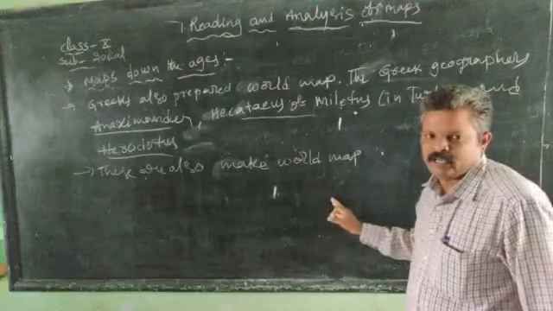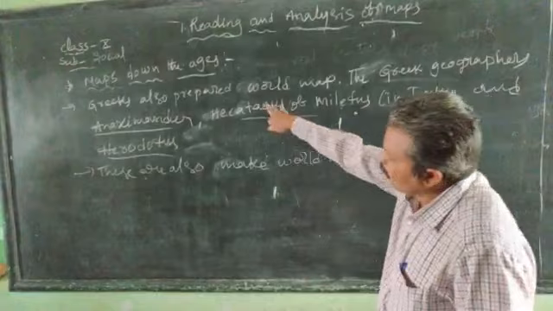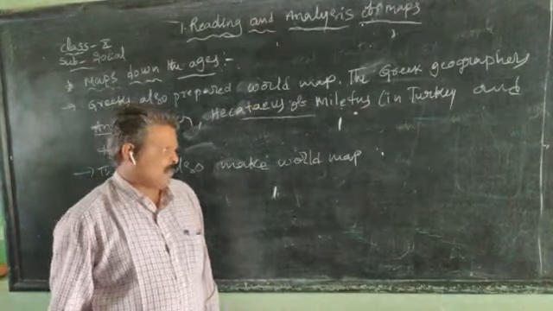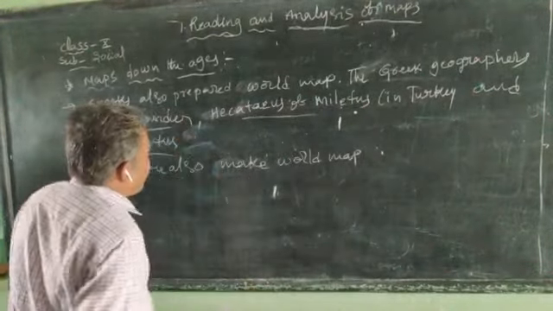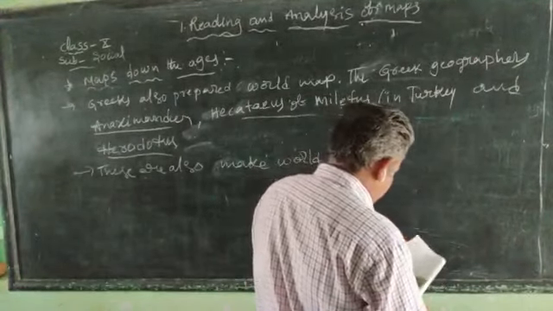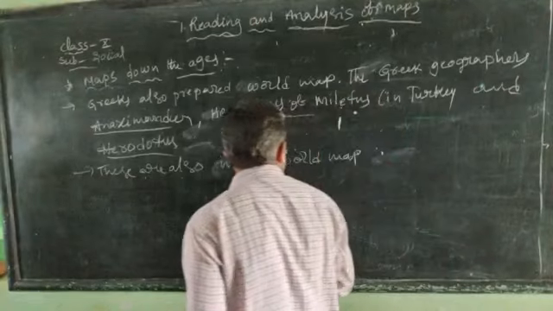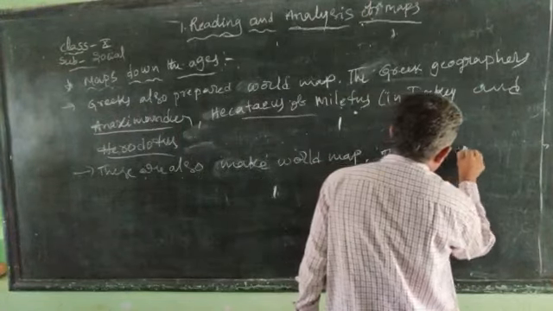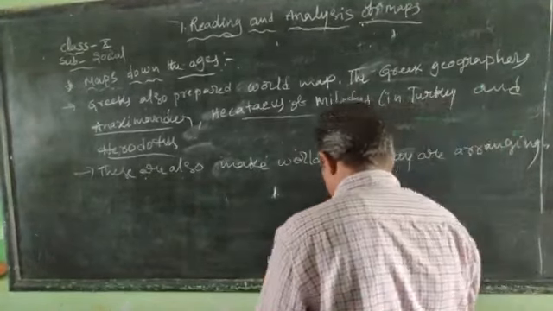Previously, the Sumerians did not arrange exact places like north, east, west, and south, and the Babylonians also did not arrange places in their maps by north, south, east, and west. But the Greek geographers were arranging places.